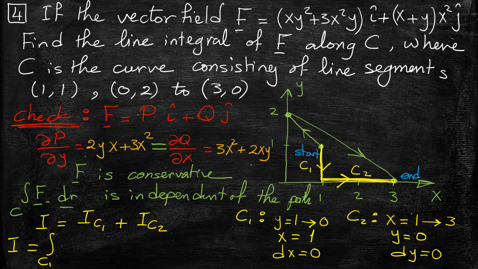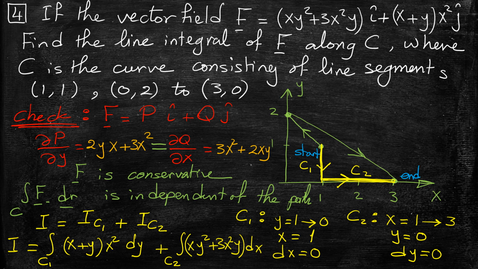So the other term will be integrating x plus y x squared with respect to y. And the other term, which is C2, has dy equal to 0, so this will end up as x y squared plus 3x squared y, and this one dx.